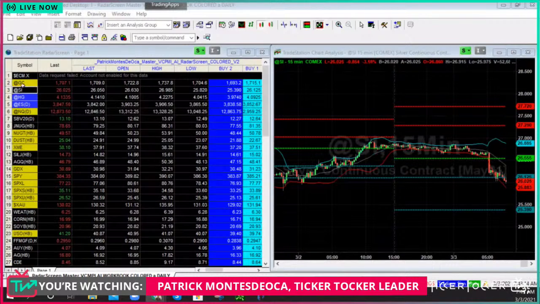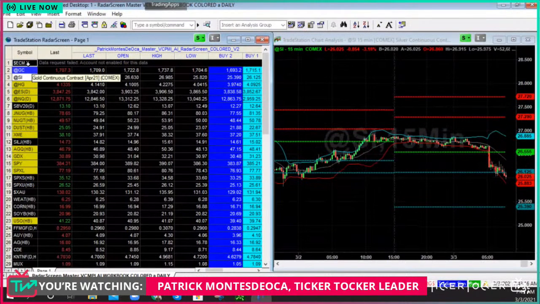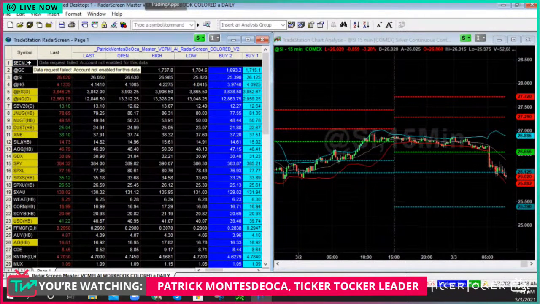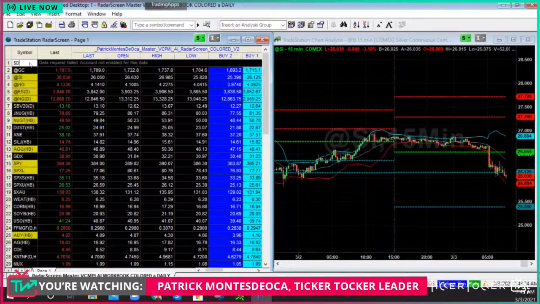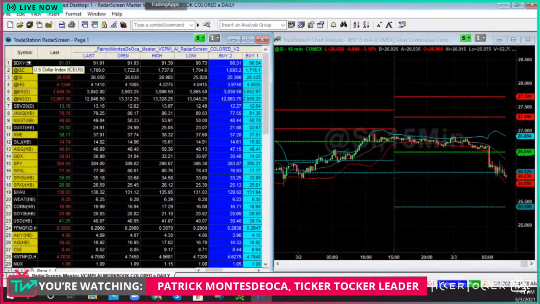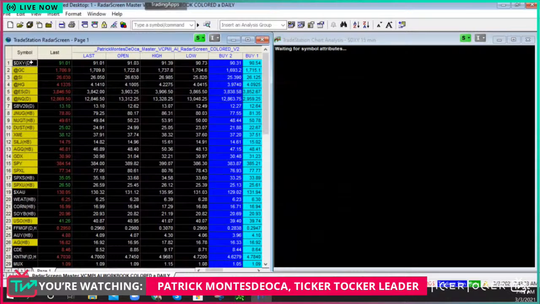Obviously, one of the results that we get from this short-term run-up in interest rates is that it's supportive for the U.S. dollar for the time being, short-term.